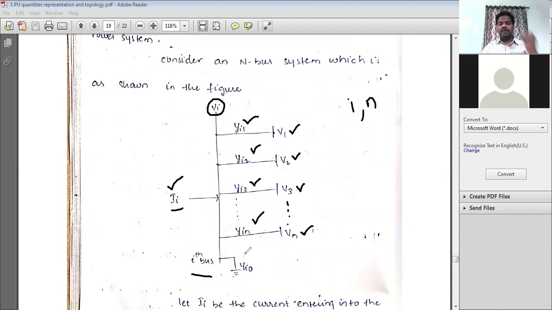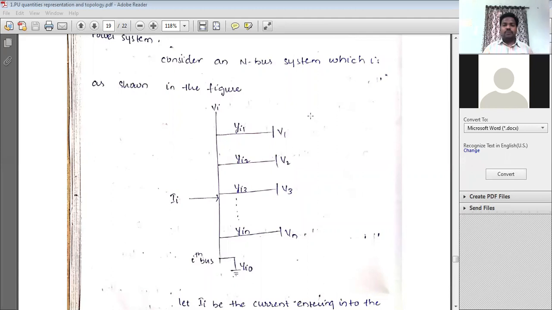Similarly yi3, similarly yin. Now you see here yi0, this is the admittance connected between the ith bus and the reference bus. Here 0 stands for the reference bus. That is the only indication. This is the power system we are considering.